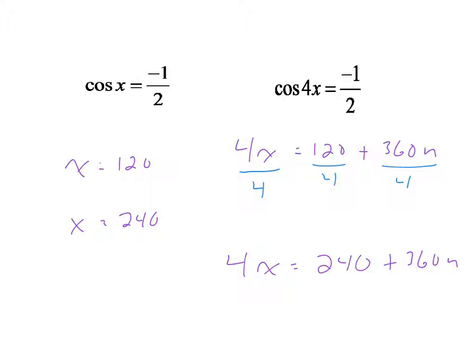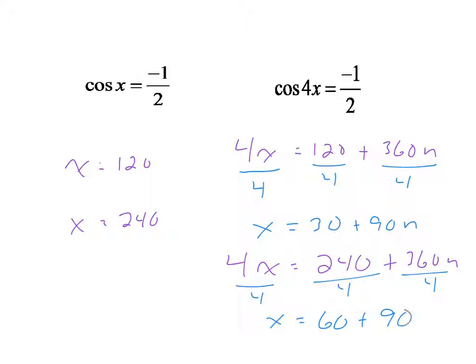So when I do that, I get x is equal to 120 divided by 4, which is 30, plus 90n. My new period now is 90, 360 divided by 4. Down here, I'm going to divide by 4. x is equal to 240 divided by 4 is 60, plus 360 divided by 4 is 90n.